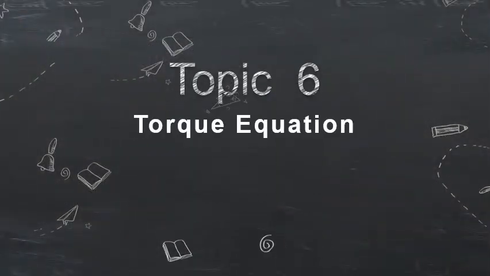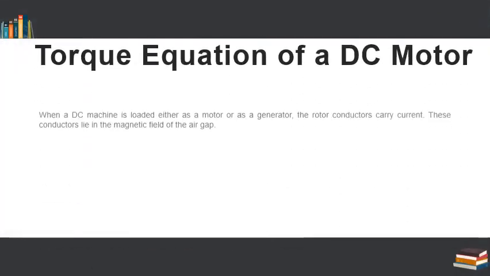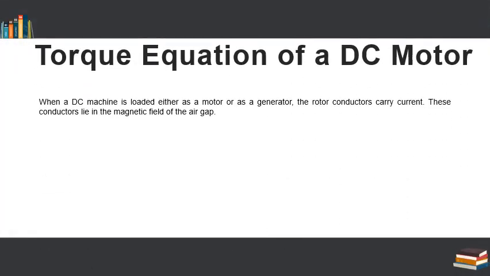The next topic is the torque equation of the DC motor. When a DC machine is loaded either as a motor or as a generator, the rotor conductors carry current. These conductors lie in the magnetic field of the air gap.